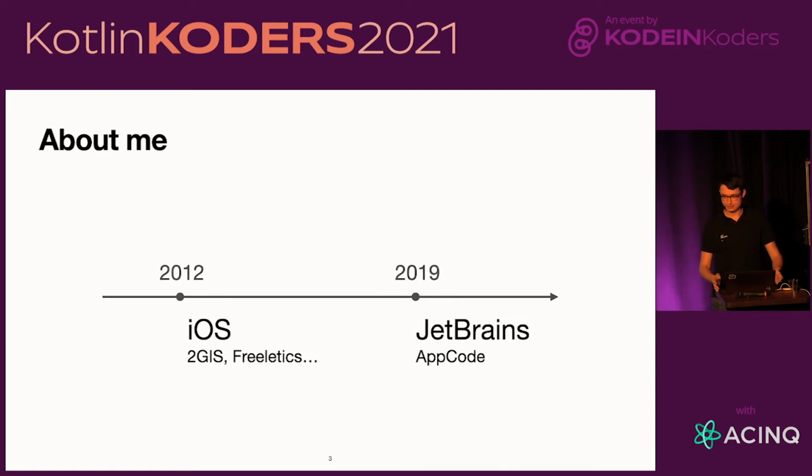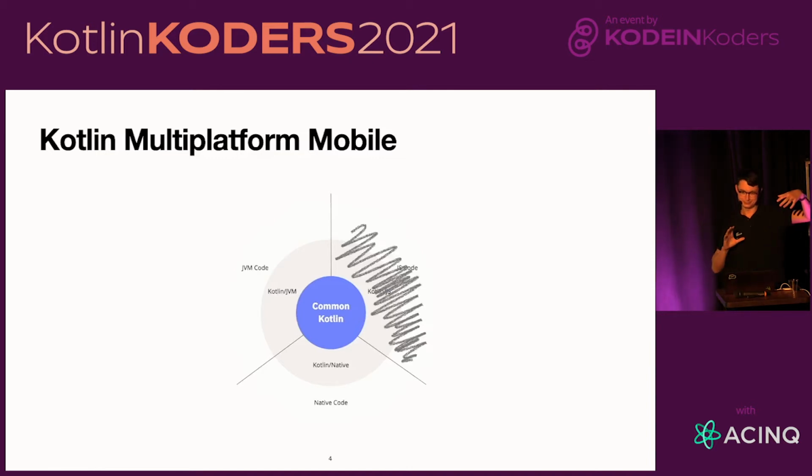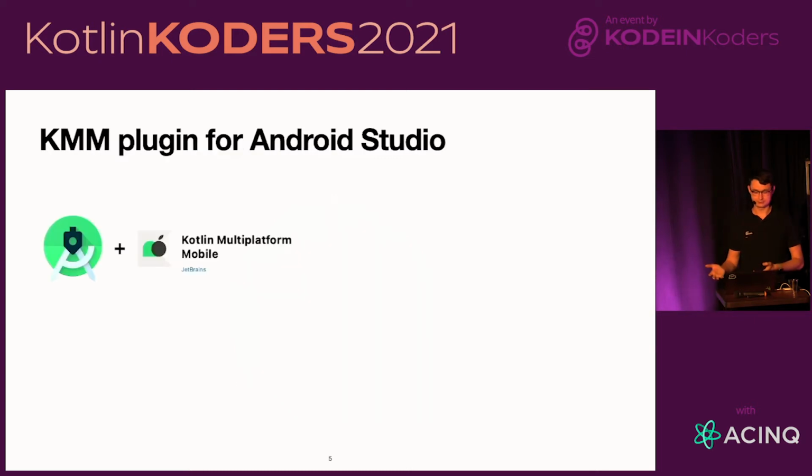I guess all of you know what Kotlin Multiplatform Mobile is, but it's good to repeat that Kotlin Multiplatform is a technology which allows you to share the same code for different platforms, and if we remove the JS part, it becomes Kotlin Multiplatform Mobile. For KMM there already exists some tooling, for example, the KMM plugin for Android Studio.